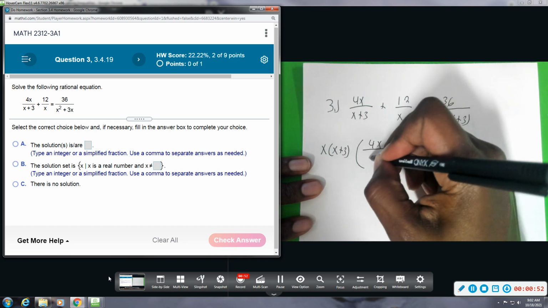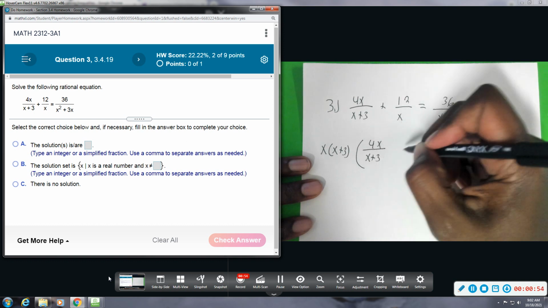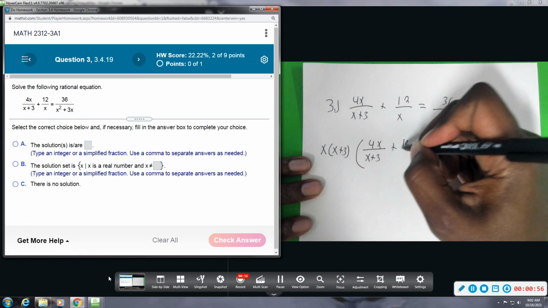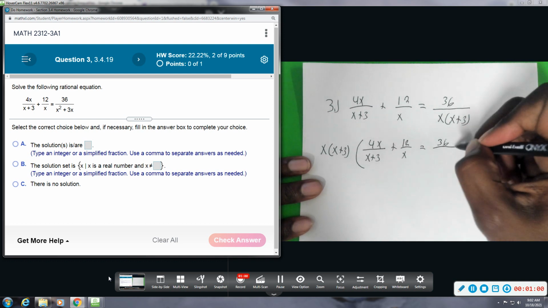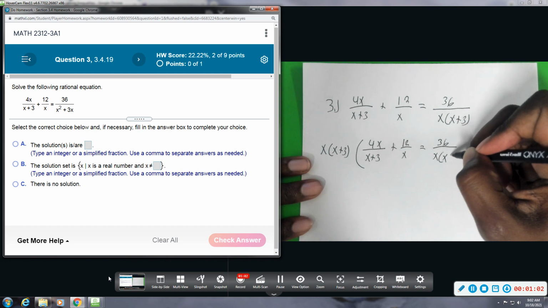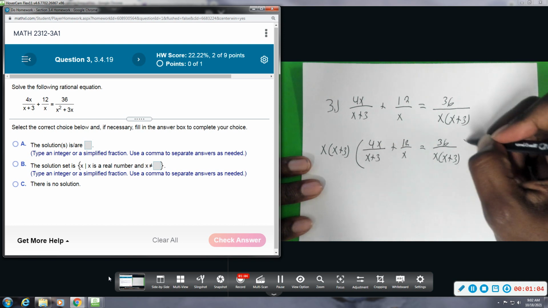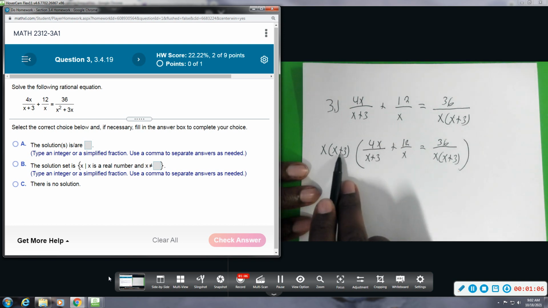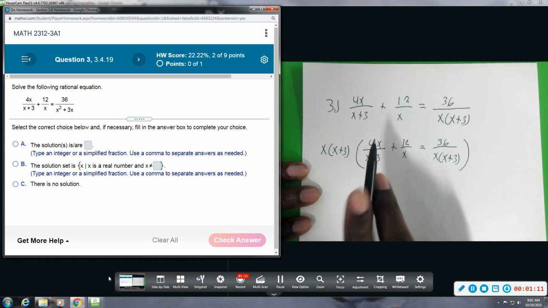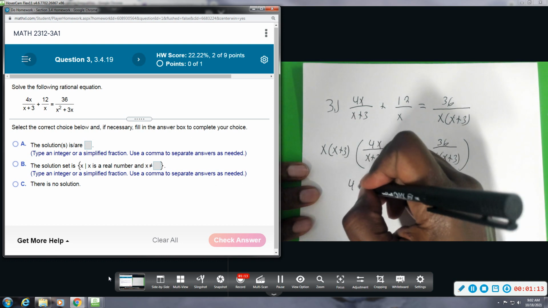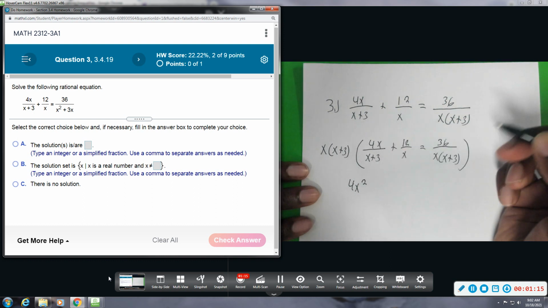4x over x plus 3, 12 over x, 36 over x times x plus 3. Okay, so when I multiply the x plus 3 times x, this cancels, and I'm going to multiply x times 4x. That's going to give me 4x squared.